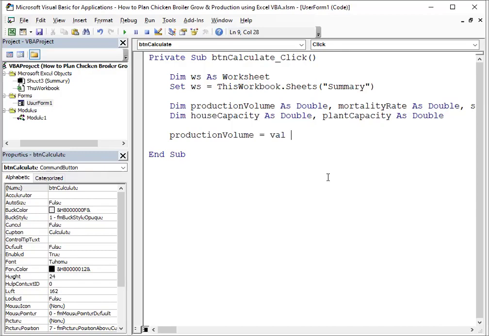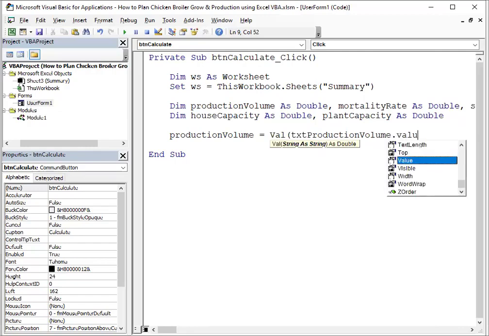I'm going to put a parenthesis. This is for the text boxes, text production. I'm going to capitalize this so that we can see it right away. Volume, that value, then close it.